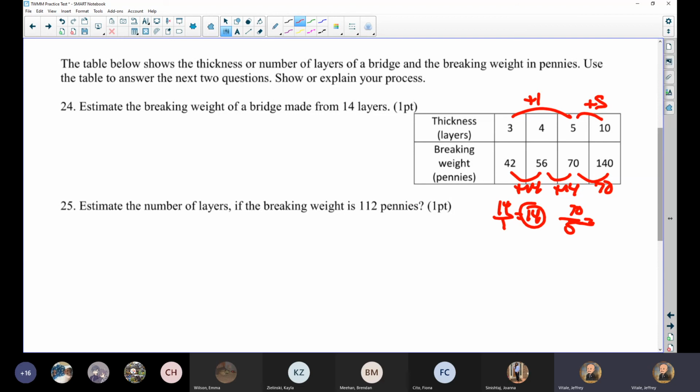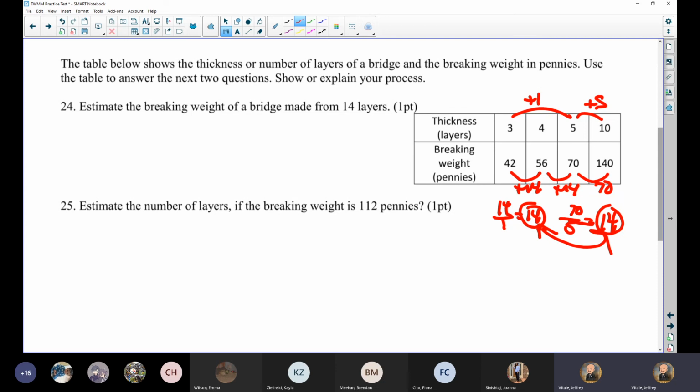What's 70 over 5? Anyone got a calculator handy? Anybody? 14, very good. 14. So there's our slope. There's our constant rate of change for this.